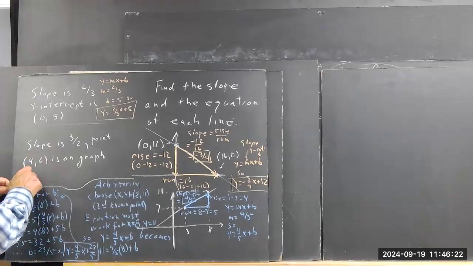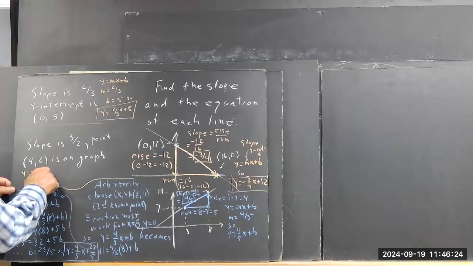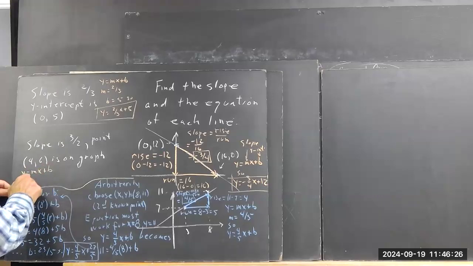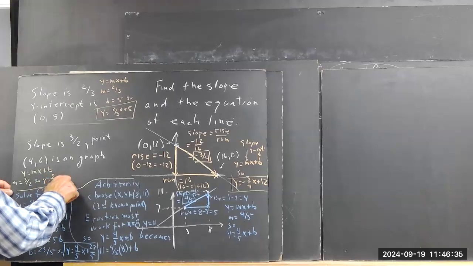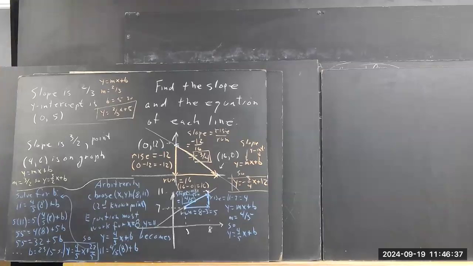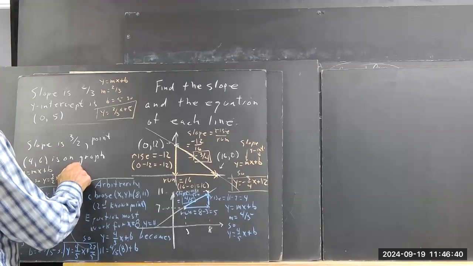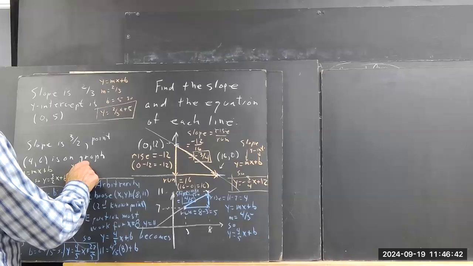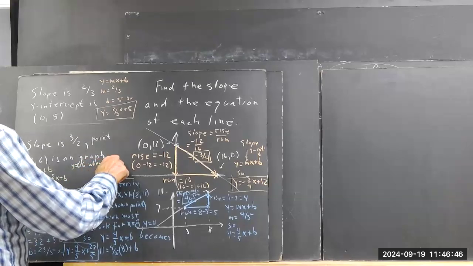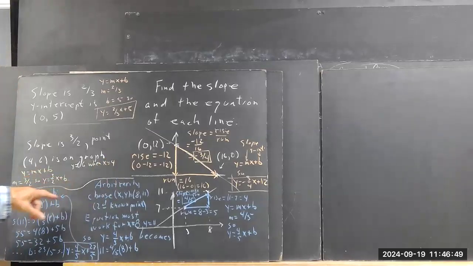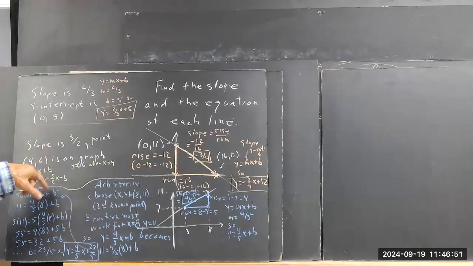So we have m equals 3/2, so y equals 3/2 x plus b.